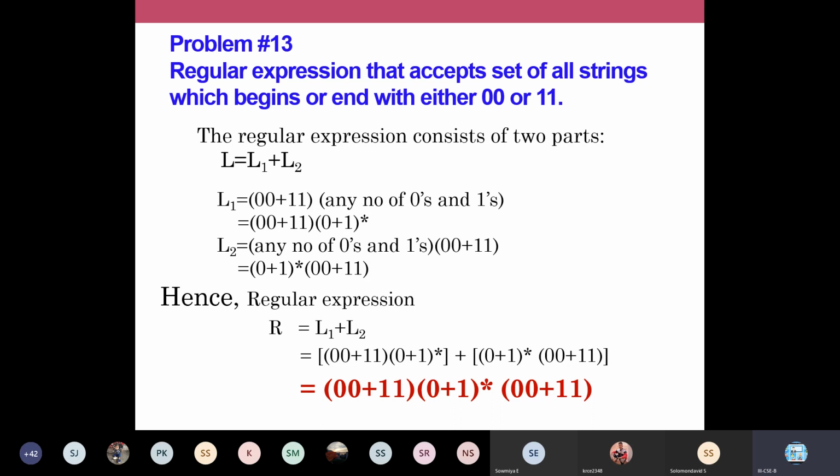Then we are going to take the union of both L1 and L2. Think about how to perform a union of this. Union means in between I'm going to place a plus, that's all. When you are taking the union, write the plus operator in between and merge the two regular expressions.